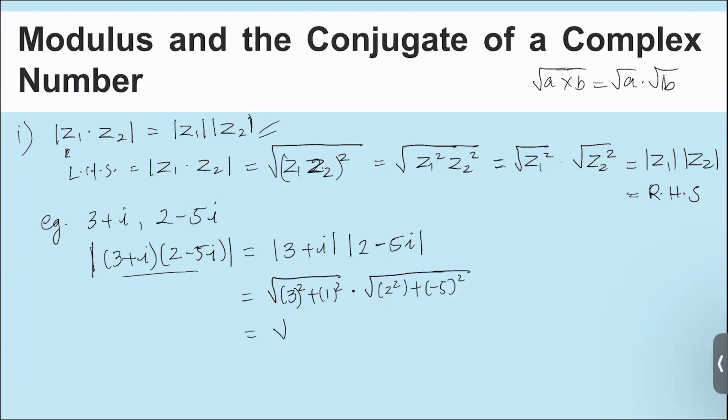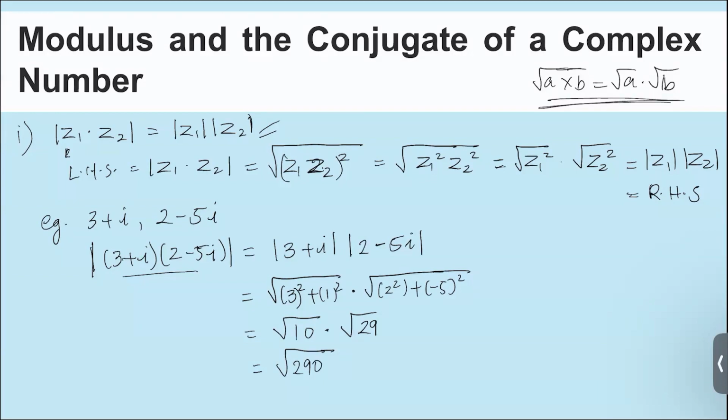So this becomes 10, and this will become 4 plus 25, which is 29. Now similarly, as we have seen before, you can multiply, and this becomes 290. So this is what we get.